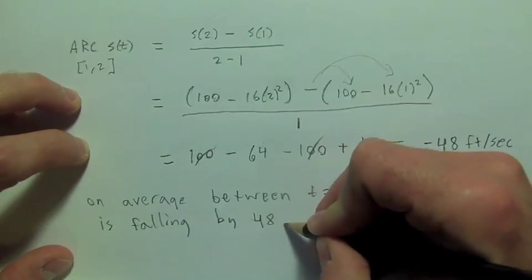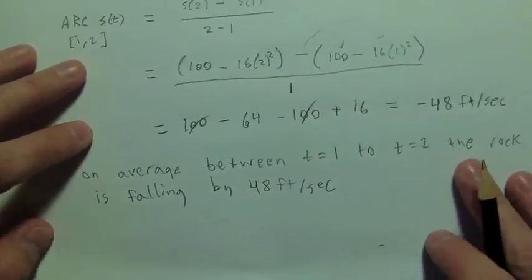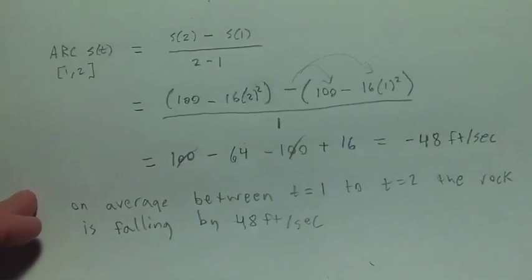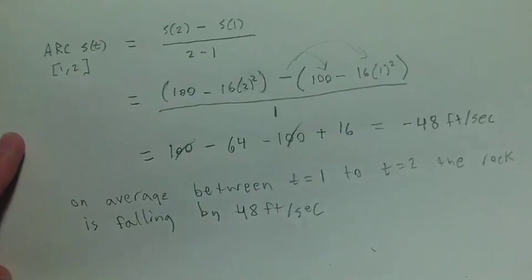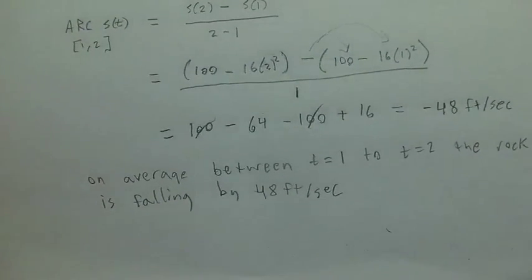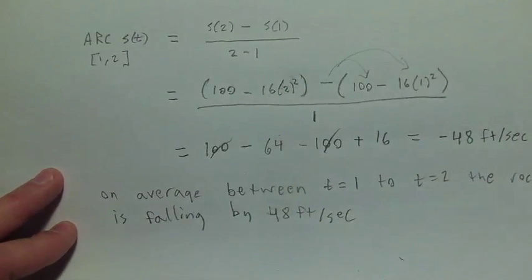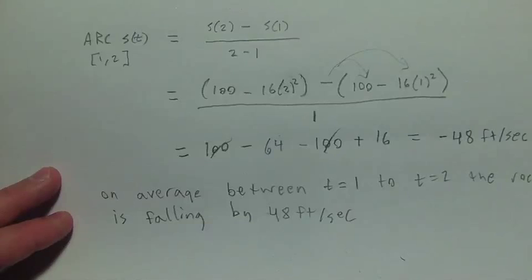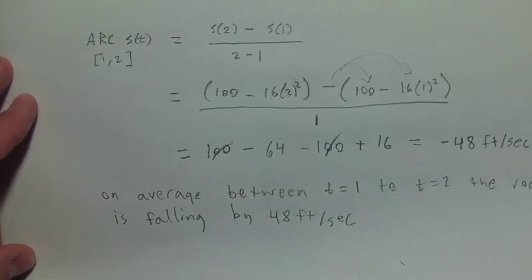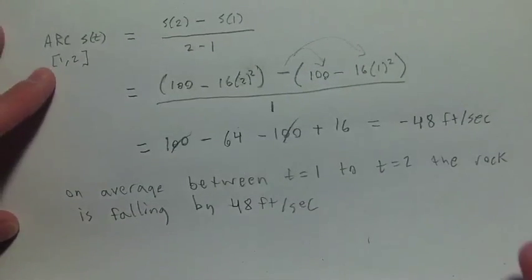So where that negative comes from: if I just asked what the velocity was, you could say it's negative 48 feet per second. If you were trying to say what was happening in real life, you would say that the rock is falling because you have a negative velocity. Right? And once you say it's falling, you don't have to put the negative back in there. Okay, so that's the average rate of change in the second second.